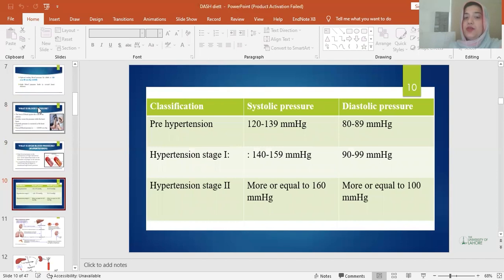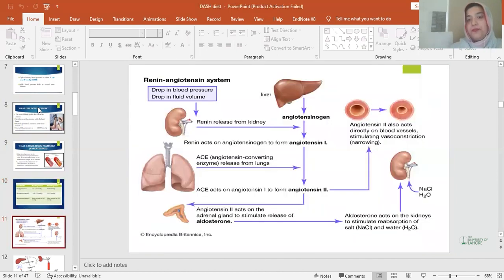For hypertension stage 1, systolic ranges from 140 to 159 mm mercury, and diastolic pressure ranges from 90 to 99 mm mercury. For hypertension stage 2, systolic is 160 mm mercury or more, or diastolic pressure is 100 mm mercury or more.